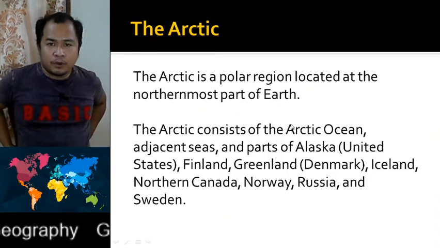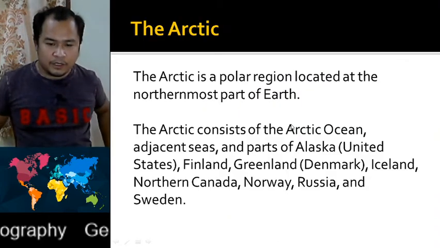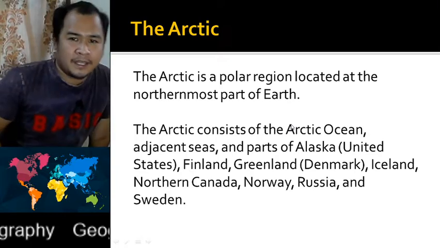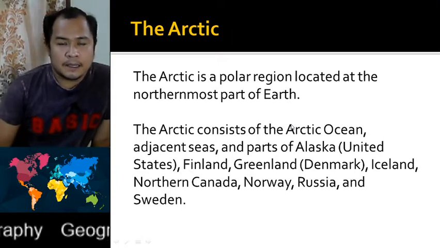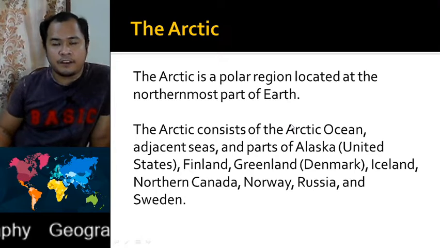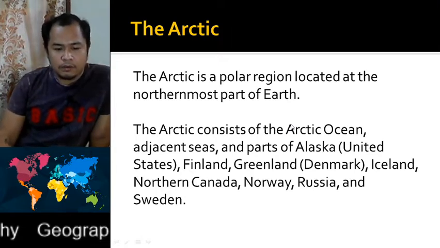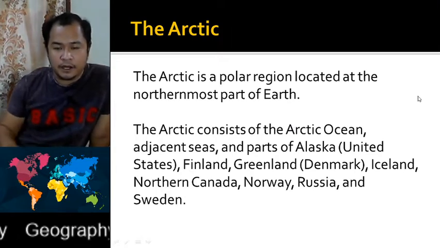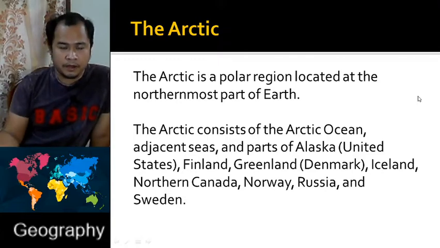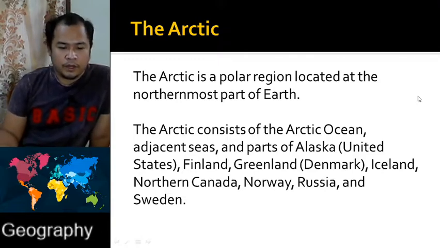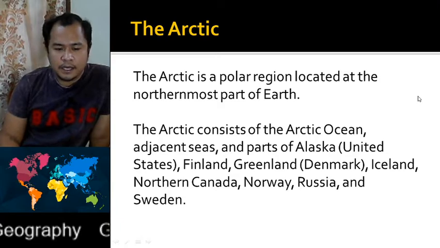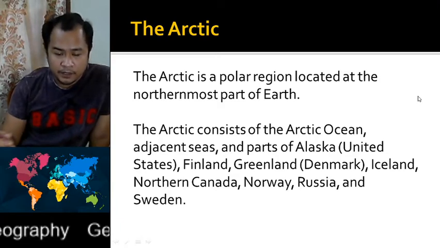So the Arctic is a polar region located on the northern part. Again, it is predominantly covered by water. The Arctic consists of the Arctic Ocean, which is the predominant body of water there, with some smaller seas, and parts of Alaska from the USA.